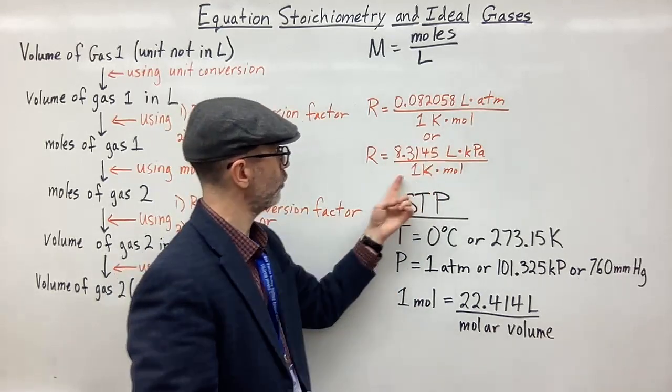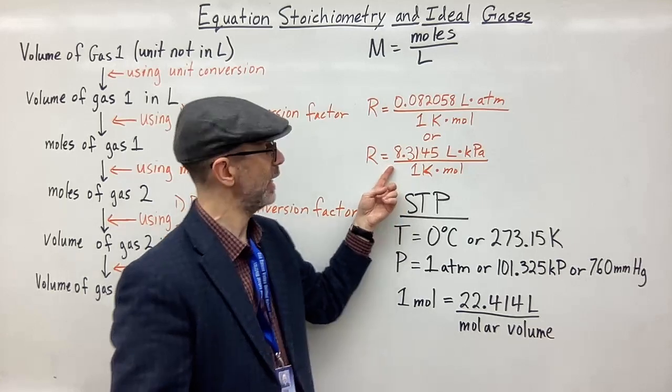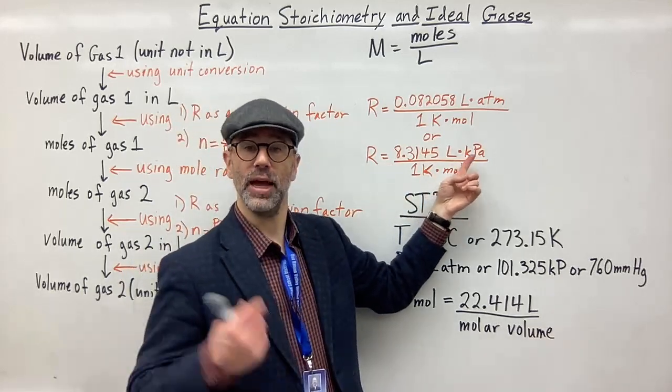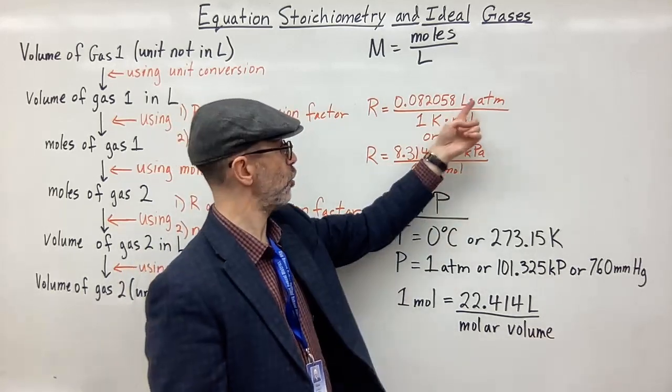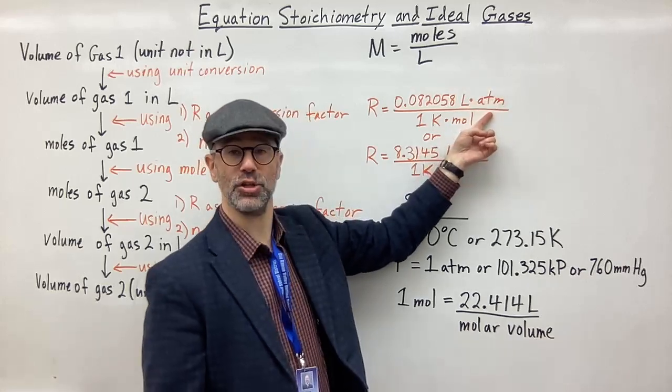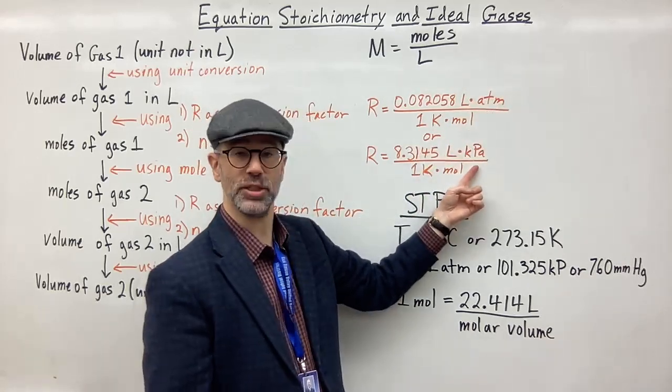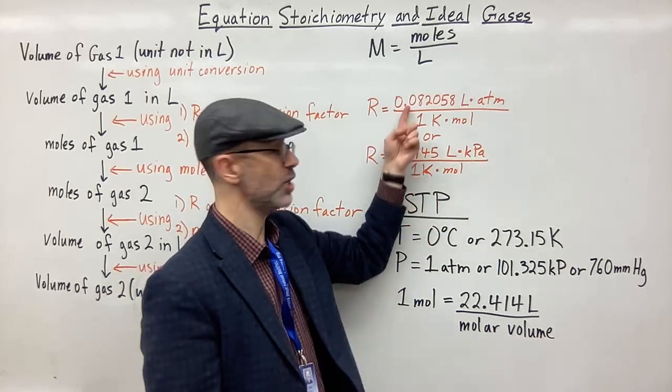You could also use this value here if you've got kilopascals as a pressure unit. You'll notice here I have atmospheres as a pressure unit. Here I have kilopascals as a pressure unit. And so you can see that the numbers are different.